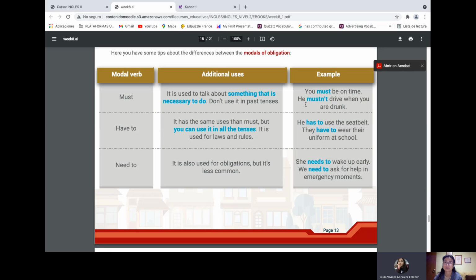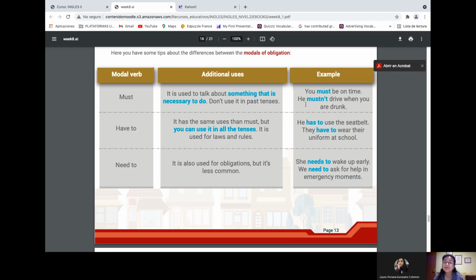He mustn't drive when you are drunk. Very good. Here, mustn't in the negative form refers to a prohibition. It's part of the rules. It's not something that is simply not necessary. It's part of the rules.